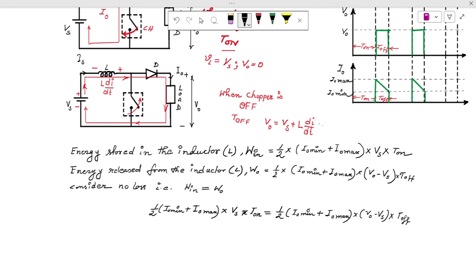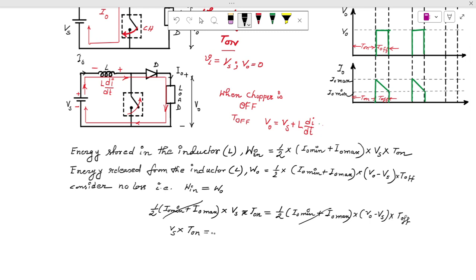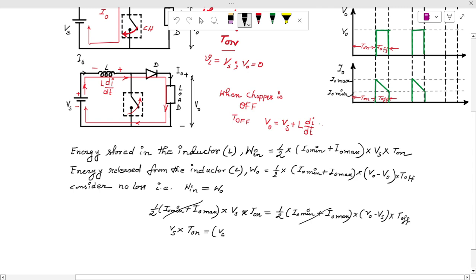So from the theory of energy balance, both are equal. You can see this half portion will be cancelled. So only Vs into T on equals (V naught minus Vs) into T off.